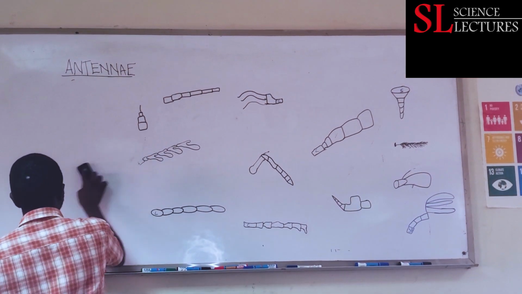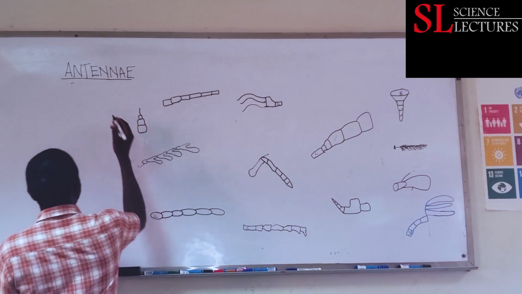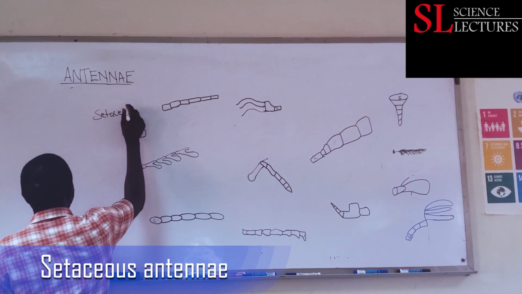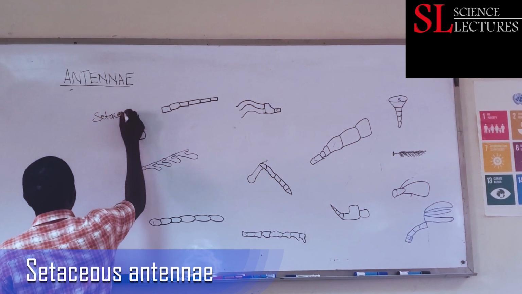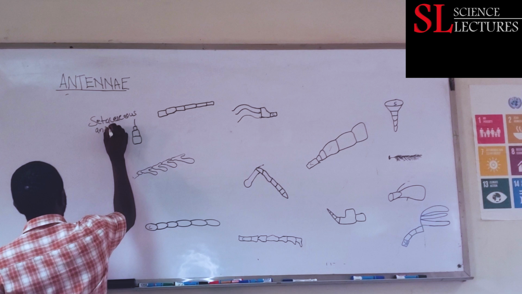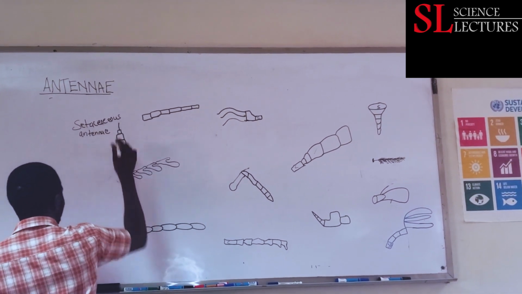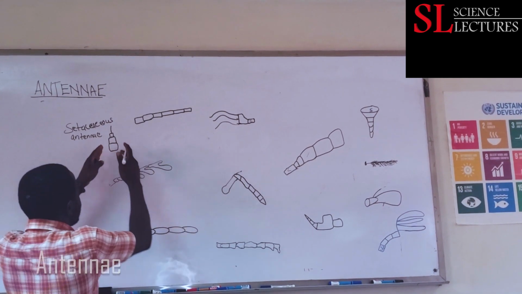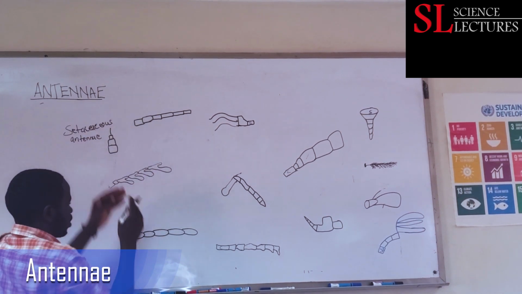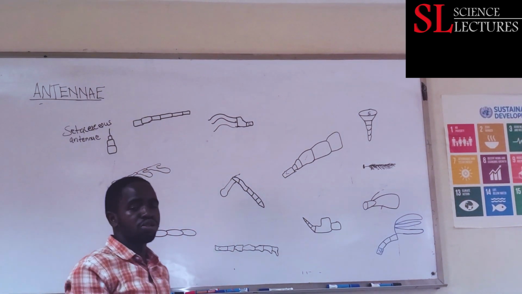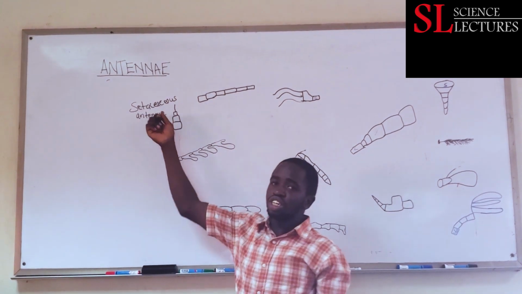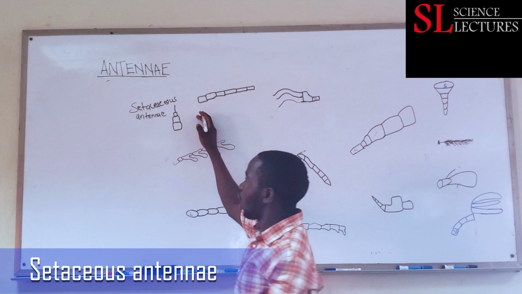Number one, setaceous antennae. These are the ones where at the base the segments are large, but moving anteriorly, the size of the segments goes on decreasing from the base to the apex.